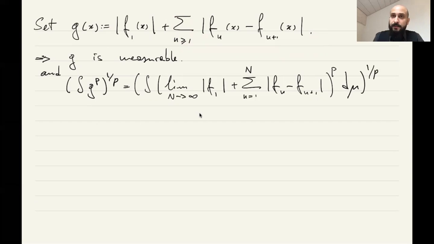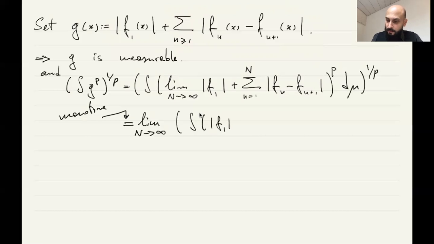Now, since this limit is monotone, it's a monotone sequence, then I can swap the integral with the limit. So I can write it as the limit of n going to infinity of the integral of |f_1 plus the sum from 1 to capital N of |f_n minus f_{n+1}|| to the p power d mu, to the 1 over p.